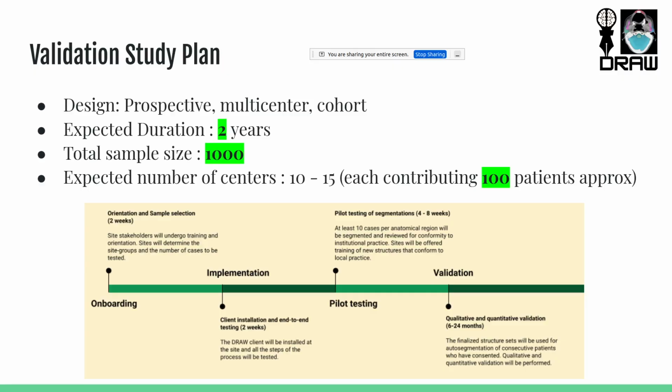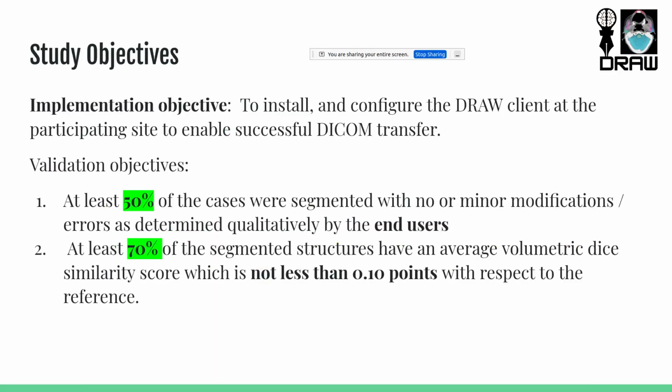If they do, we would be happy to train a new custom model for them, or we can accumulate data and train a single model which works across multiple sites. Then there will be the validation part, with a qualitative and a quantitative validation. We expect that will take about 6 to 24 months.